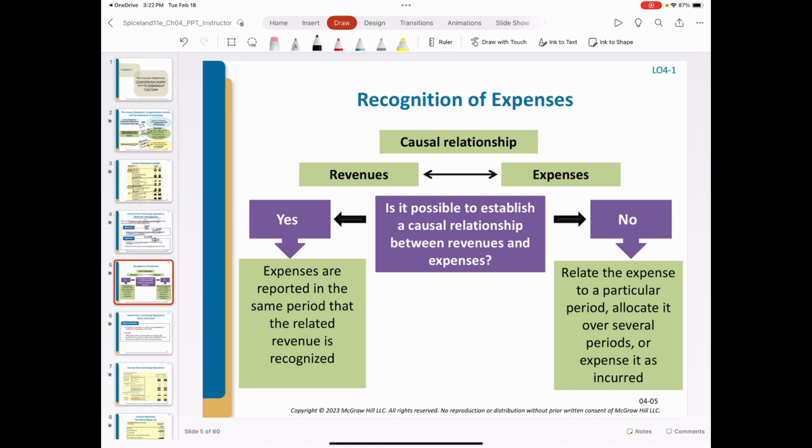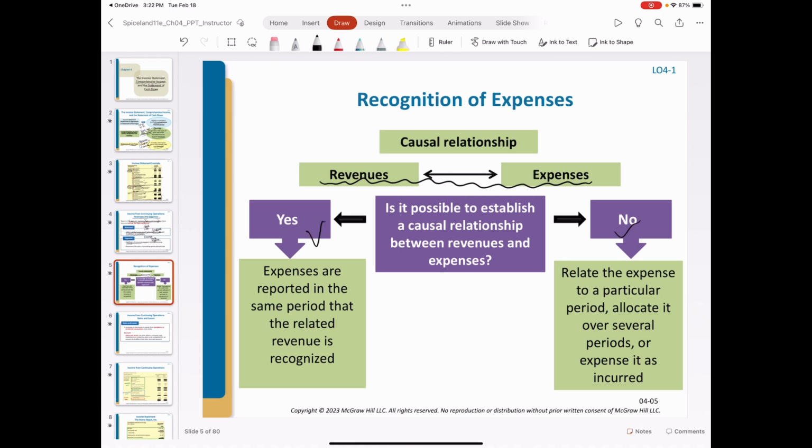The income statement is useful because revenues and expenses, when we report them, they are matched. This matching is either from a causal relationship or not.